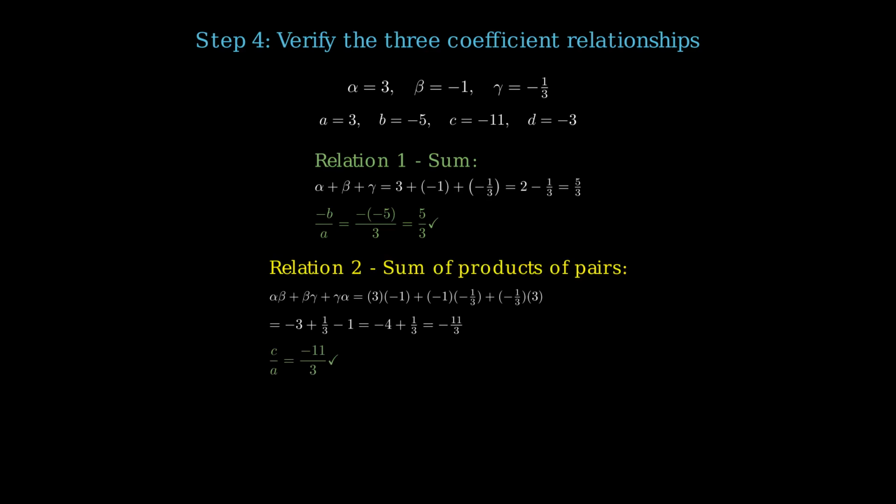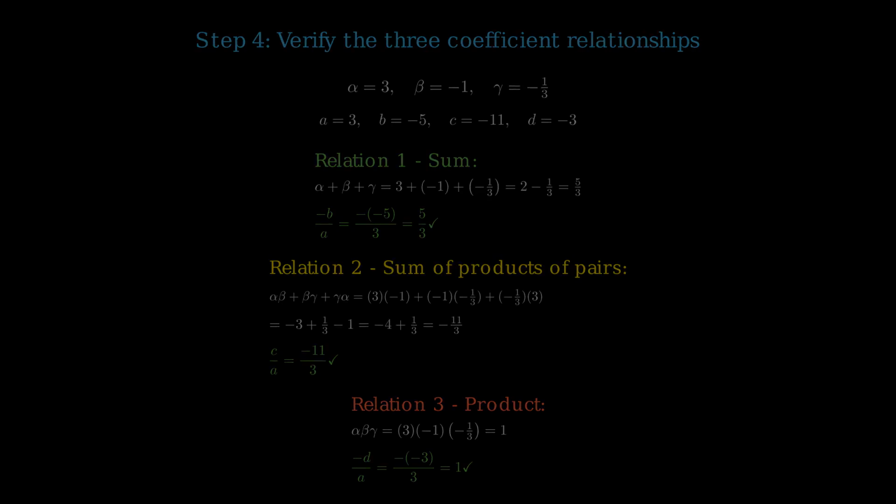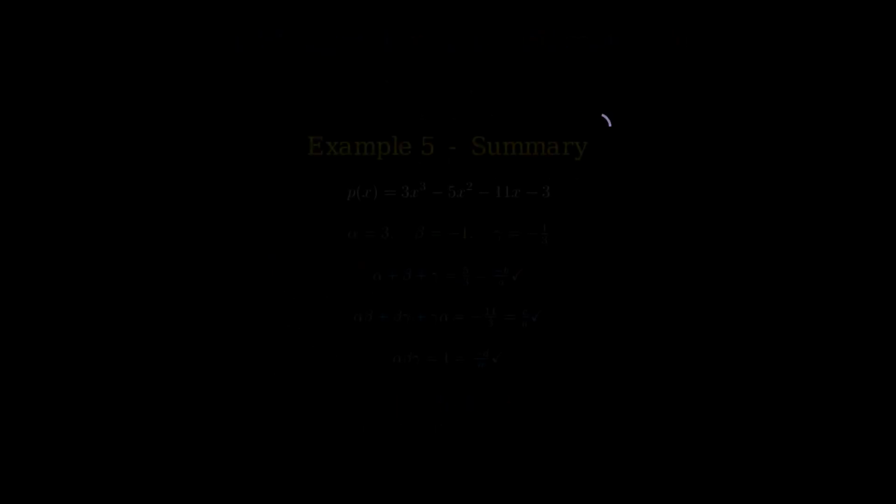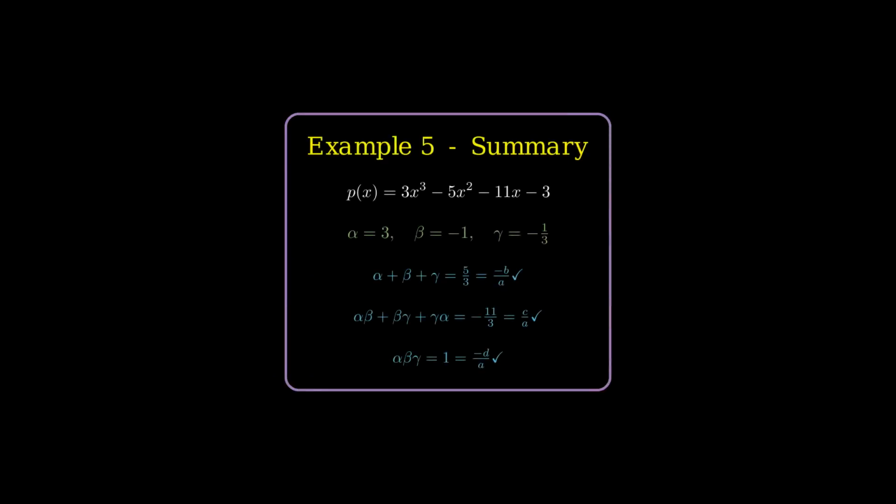Verified. Relation 3, full product, alpha times beta times gamma equals 3 times -1 times -1/3 equals 1, and d over a equals 3/3, which equals 1. Product verified. All three relations hold.